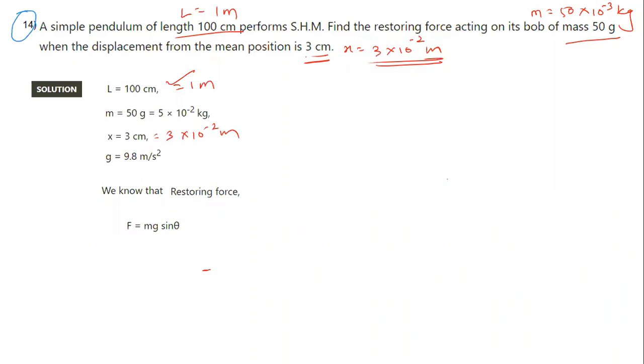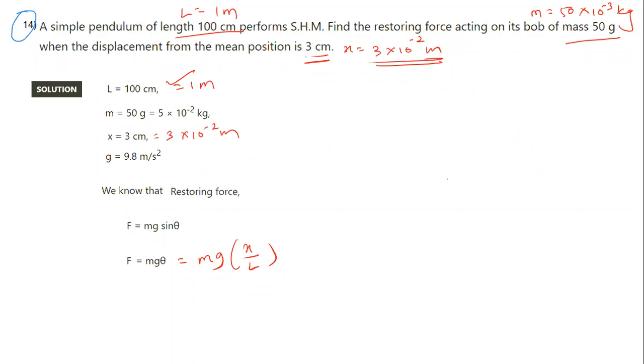So we know that restoring force F is equal to minus mg sin theta, but we are not using the minus sign. We consider only the magnitude here. This theta is very, very small, so we can write F is equal to mg into theta. Now here theta also we can write x by L. So we can write this formula mg x by L. Now we substitute, everything is given.